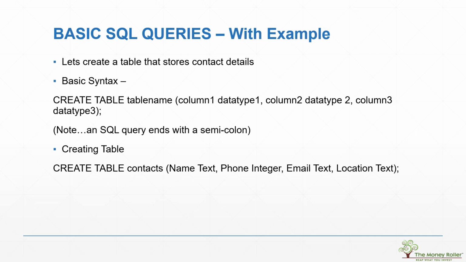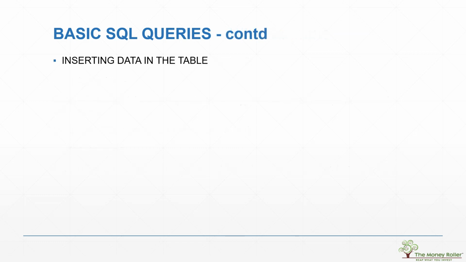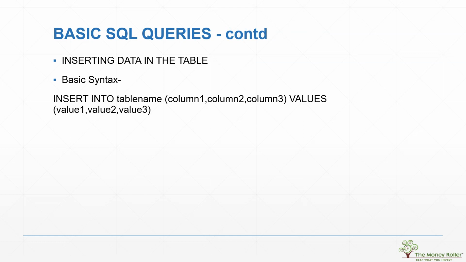Now let's insert some values inside the table. So for inserting data in the table, your basic syntax is insert into table name. Now which columns do you want to insert? If your table has 10 columns and you want to insert only 3, then you just enter those 3 here. And if your table has 3 columns and you're entering all, then you can straight away insert the values in that order.